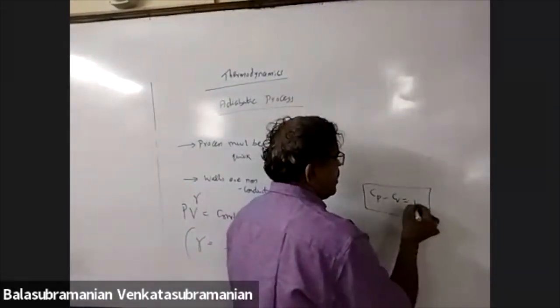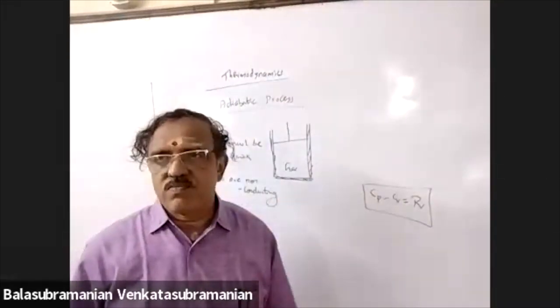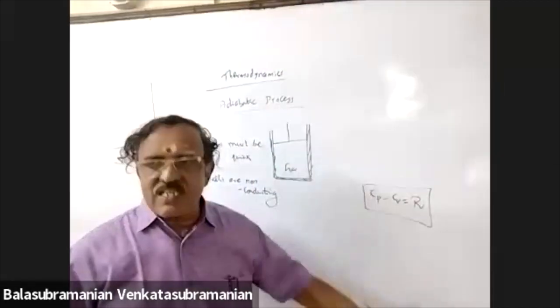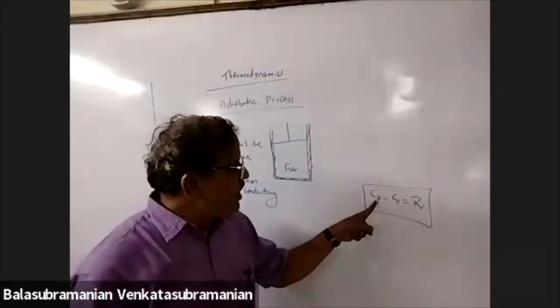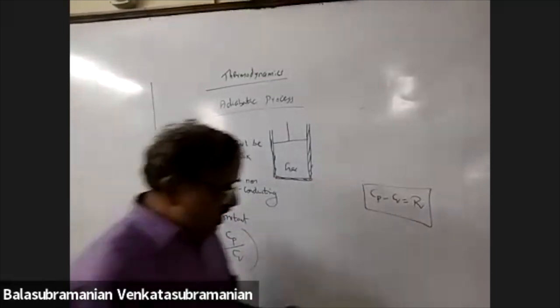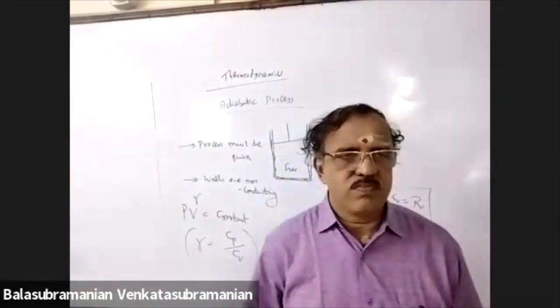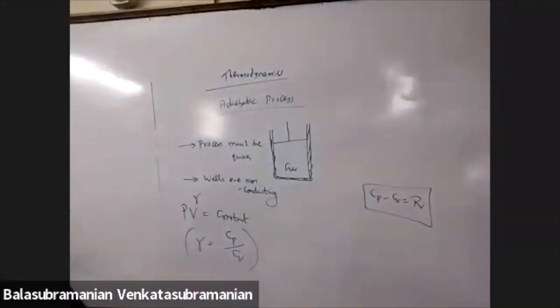Cp minus Cv is equal to R. It is called Mayer's relation. Always Cp is greater than Cv, so Cp by Cv is greater than 1. Nearly the gamma value is 1.41, 1.42. Okay, fine.